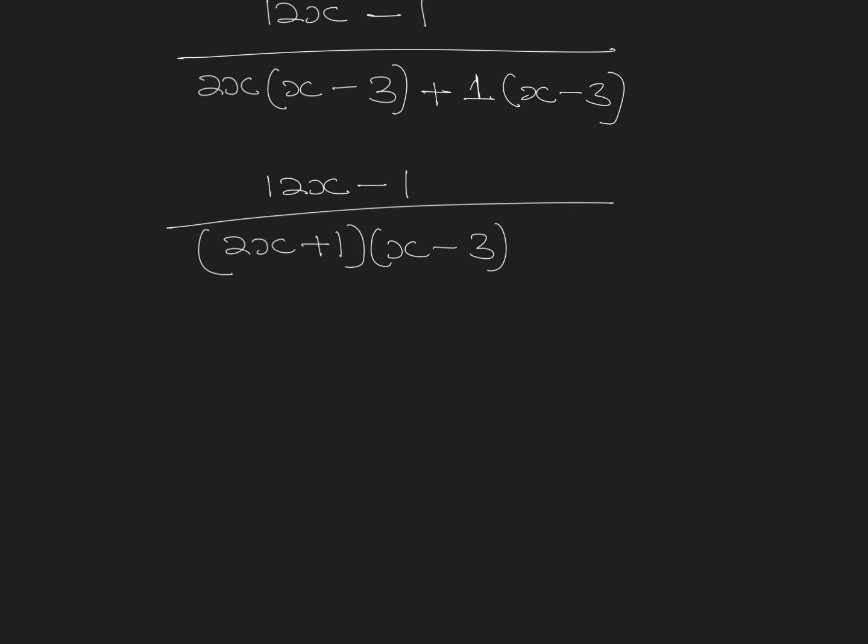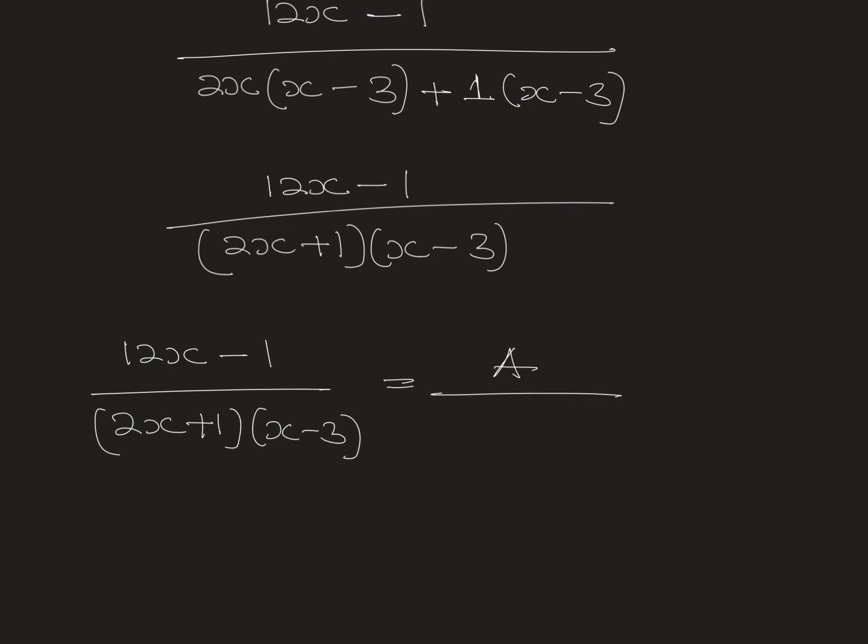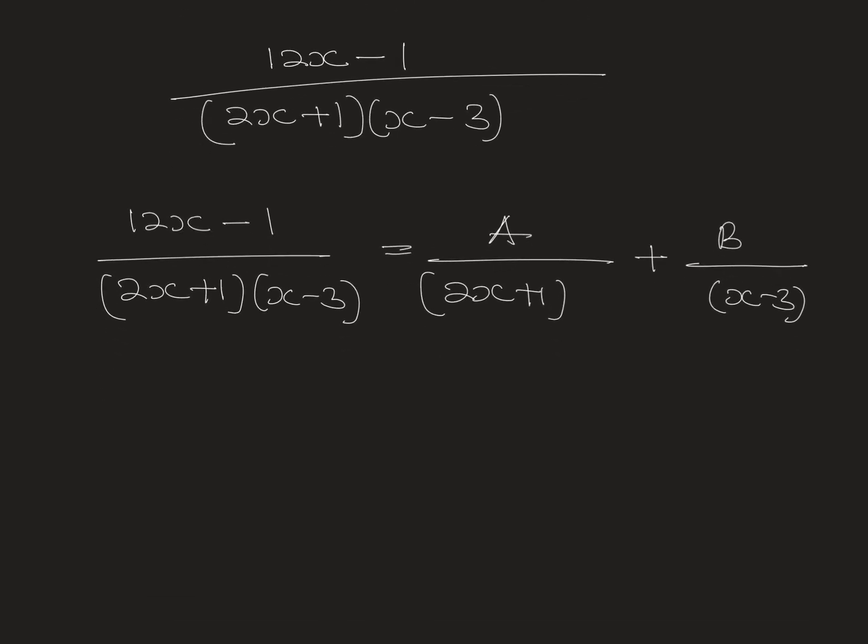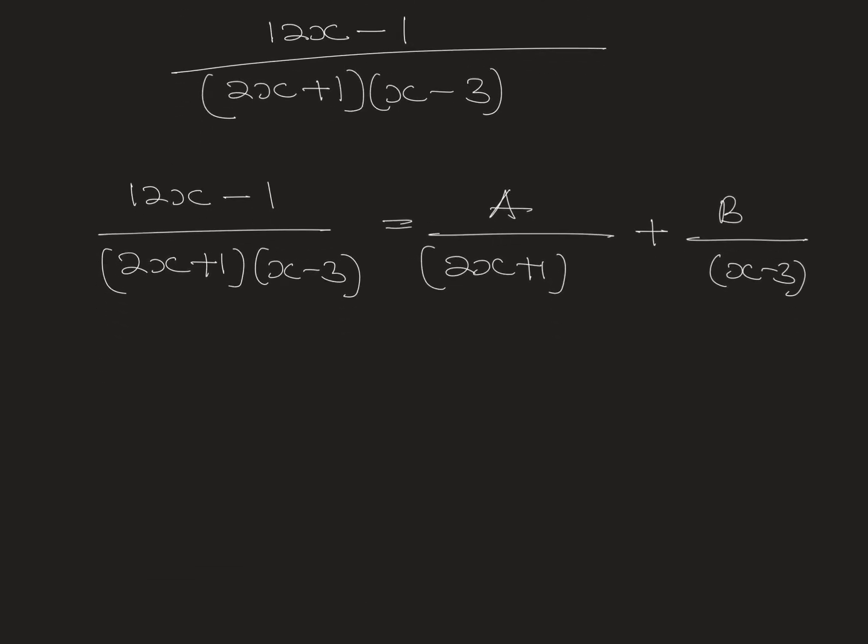Now we can treat this as a partial fraction. So if I have 12x minus 1 all over 2x plus 1 into x minus 3, I can say a divided by 2x plus 1 plus b divided by x minus 3. So what do I do if I have something like this?